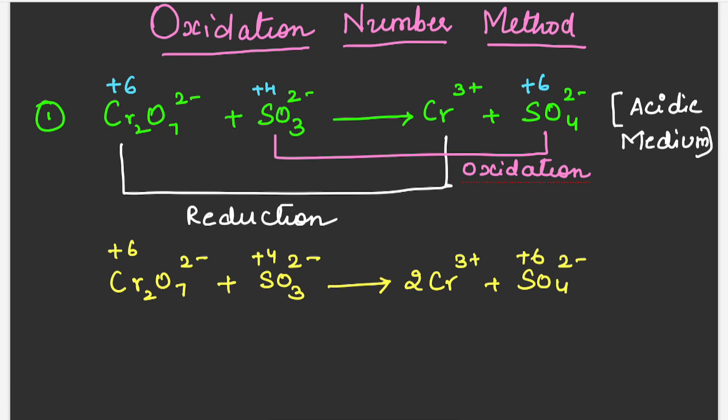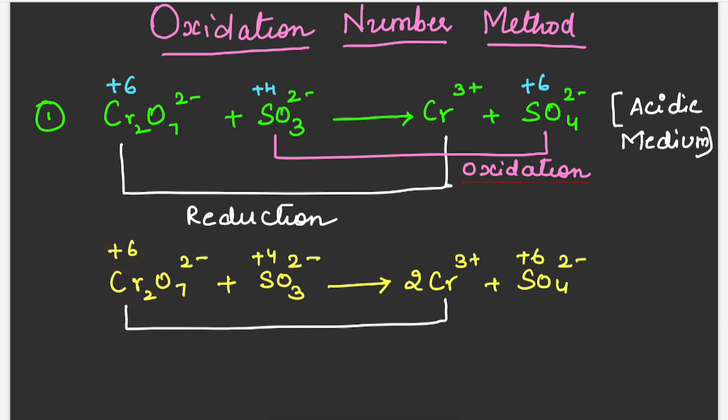Now what is the fourth step? The fourth step is you have to balance the charge by cross multiplication. So how do we do that? Here, compare the charge on chromium. So here plus 6, and how many chromiums are present here? 2 chromium. So multiply this, 6 into 2.